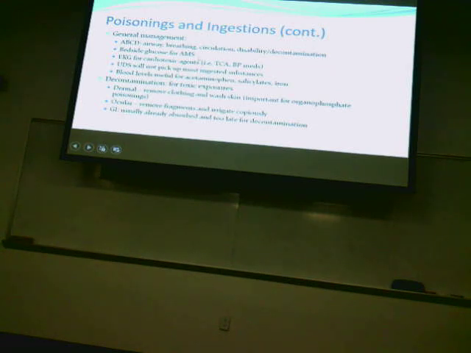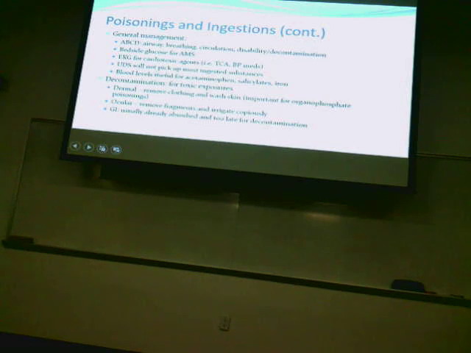Always check your bedside glucose, especially in the cases of altered mental status, because some of these ingestions can drop your sugars. You want to do EKG for cardiotoxic agents. That's going to be your TCAs or any blood pressure medications.